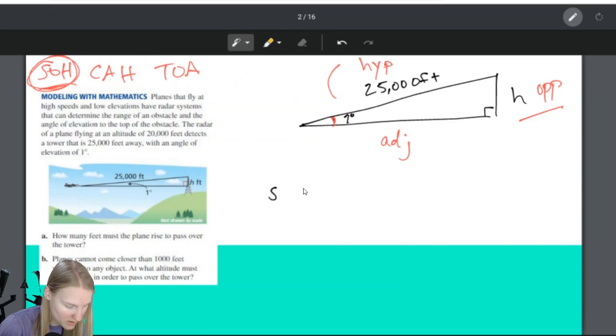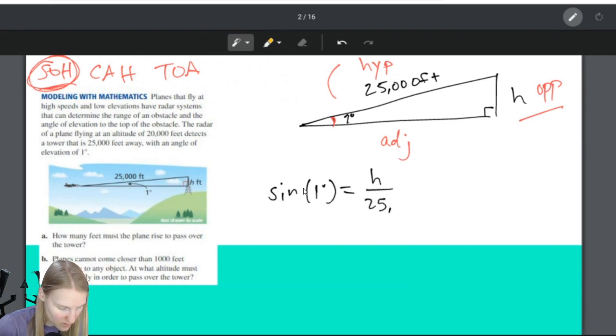So, sine of 1 degree is equal to opposite over hypotenuse. And now, who remembers how to get h by itself? Yes, indeed. We need to multiply by 25,000 on both sides.